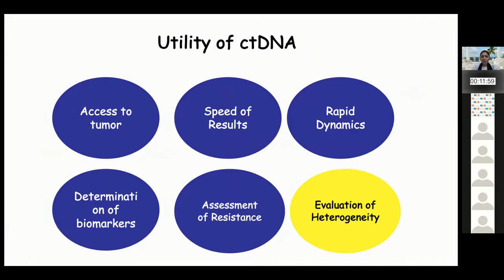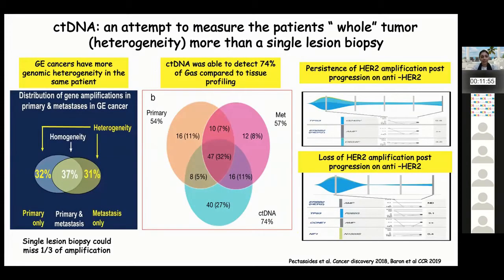So finally, what about evaluation of heterogeneity? We know that heterogeneity is something that can cause problems, especially when you're trying to do biopsy of tissues. One part may have a different molecular profile versus another part, and this is more visible in patients with GE junction tumors more than CRC tumors, and you can see that from a study that actually looked at the distribution of gene amplifications in primary and metastatic lesions in GE cancers.